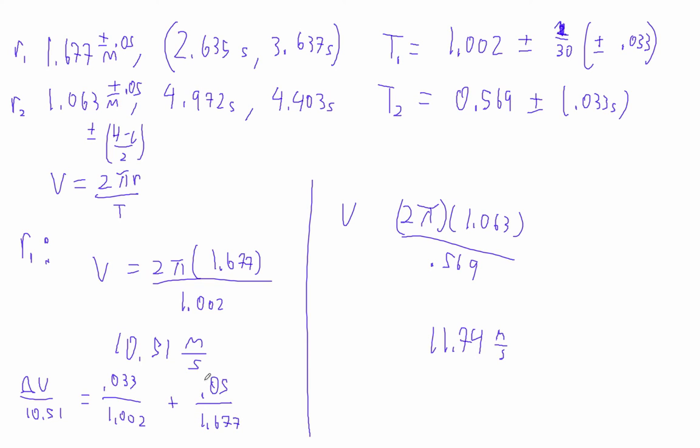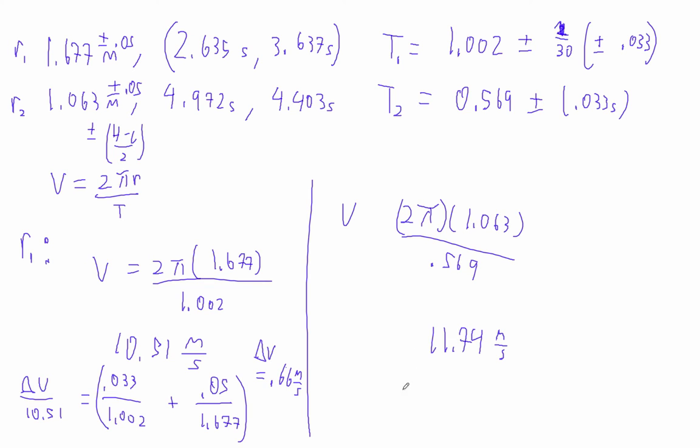So maybe that's my uncertainty. Now take that 10.51 number and multiply by this whole thing in parentheses: 0.033 divided by 1.002 plus 0.05 divided by 1.677. And I get that delta V for this is roughly 0.66. Well, hey, that's getting kind of tenuous. 10.51 plus 0.66 is going to be 11.17. That's getting close to this.